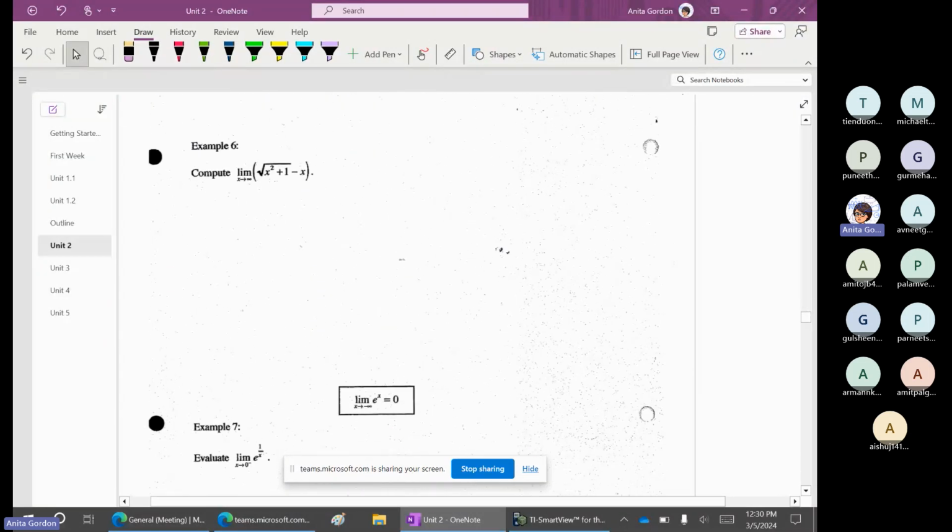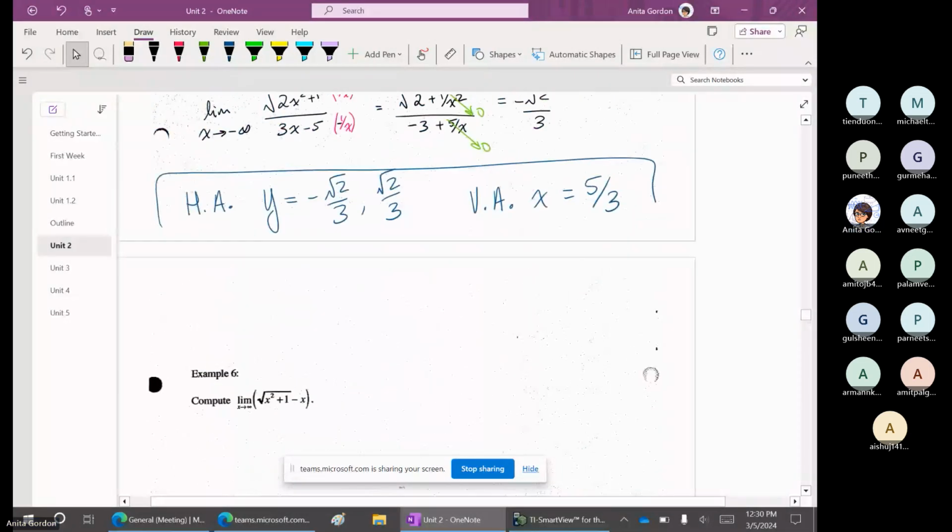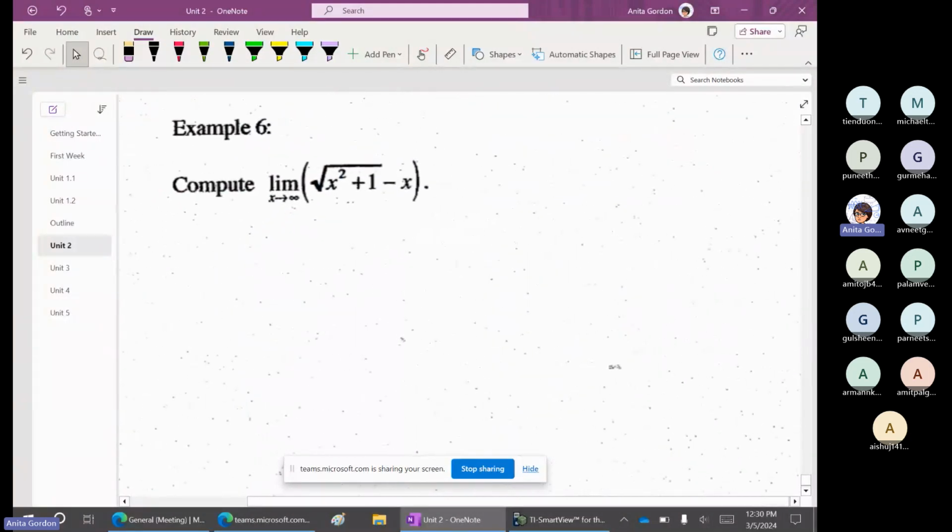All right, let's do some more fun things. Example 6. What's my strategy here? You think it's going to be a negative? Just infinity.